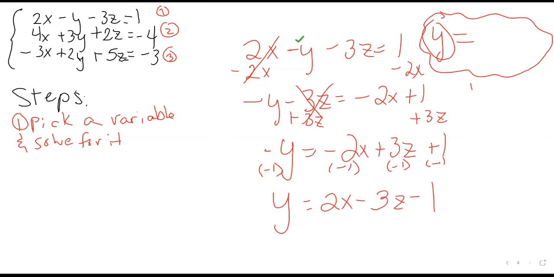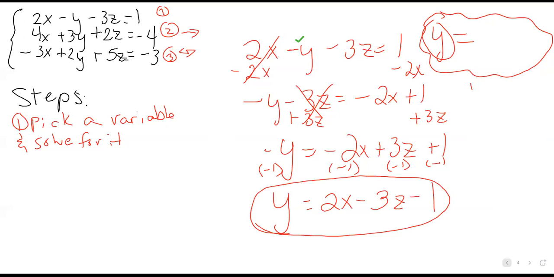Okay, so now I can go ahead and use this equation and replace it in my other two. So I have to do it with both of them. So let me go ahead and write y equals, what was it? 2x minus 3z minus 1, right?